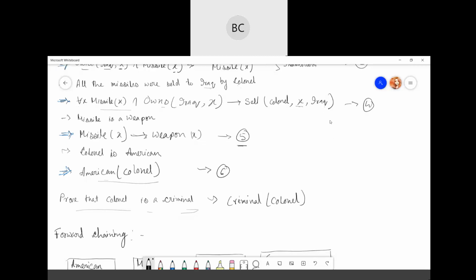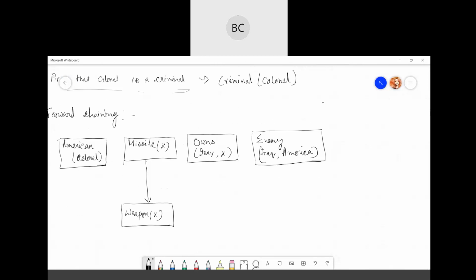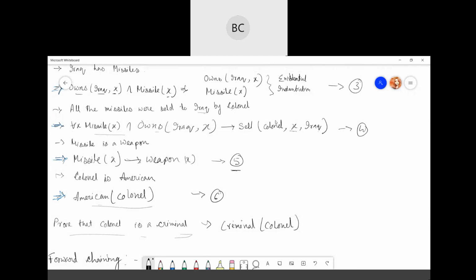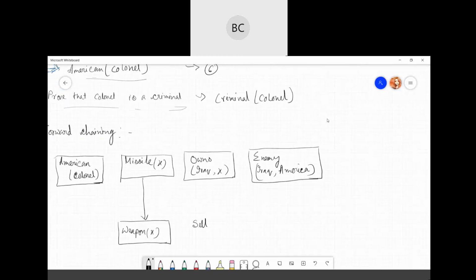So if we deduce it, we can just write this part, sells colonel X and Iraq. Okay, so just keep it the same.